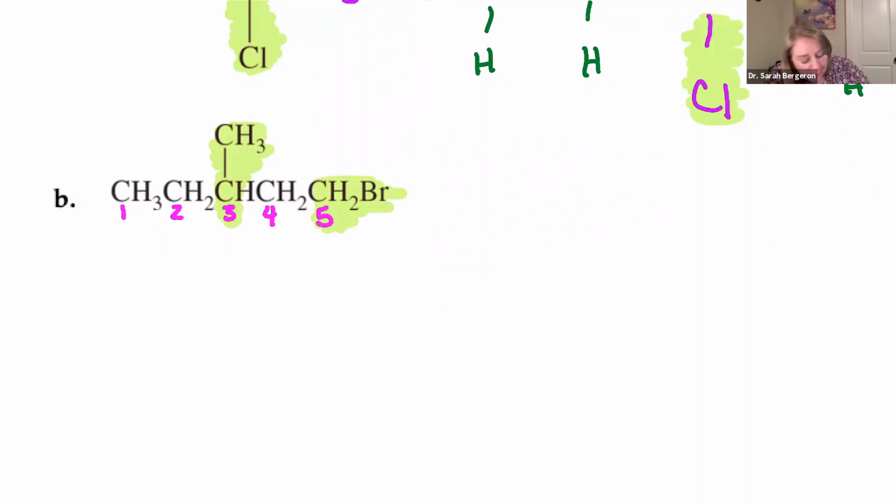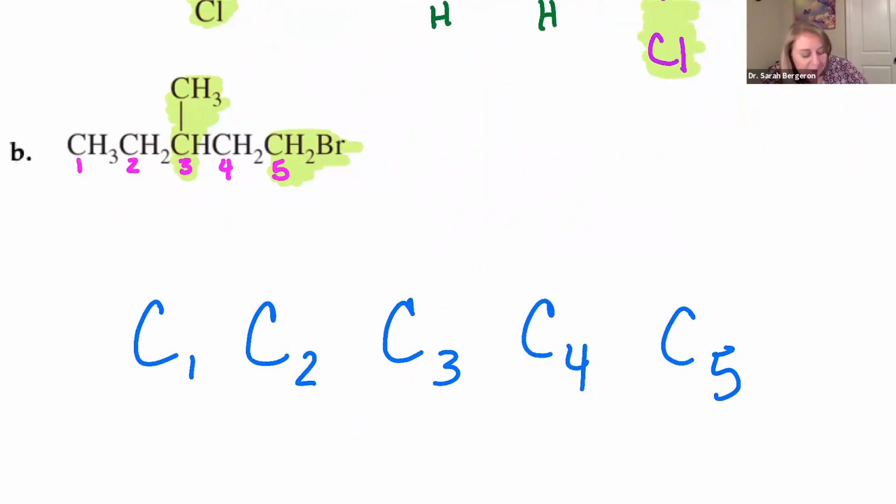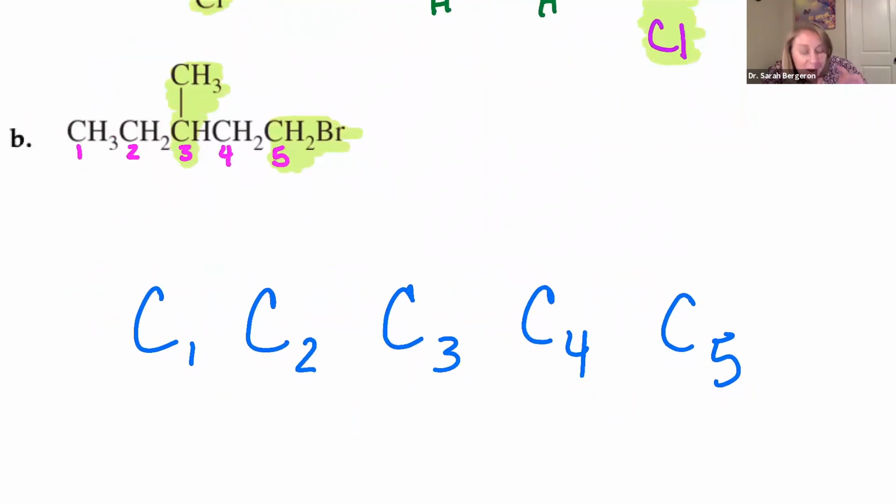Let's do carbon 1, carbon 2, carbon 3, carbon 4, carbon 5. Now I'm going to put in my other junk first. On my carbon 3, I have a carbon that has 3 hydrogens. And then on carbon 5, I have a bromine.